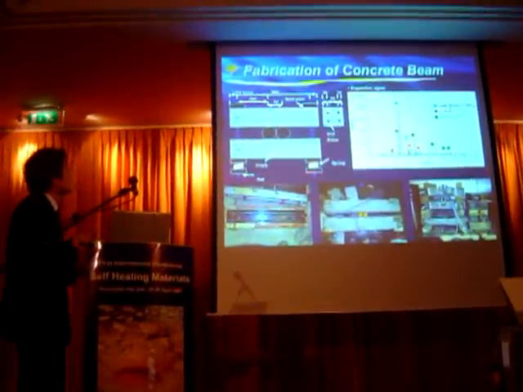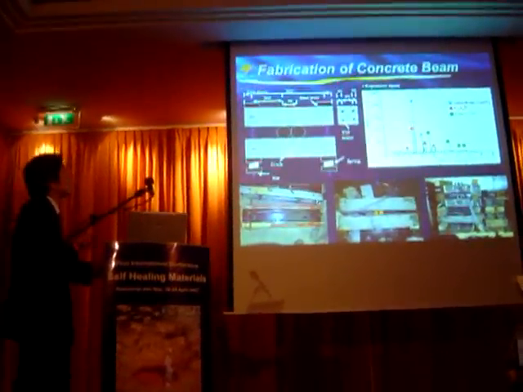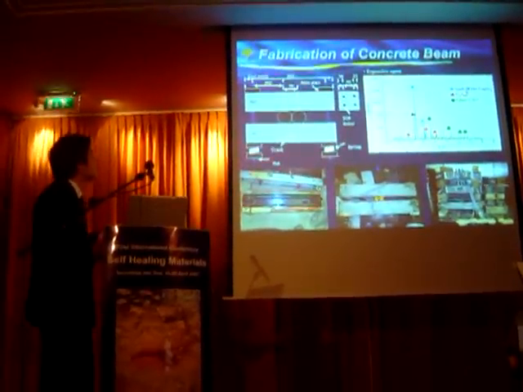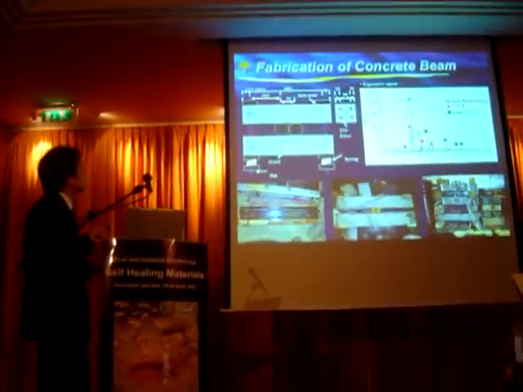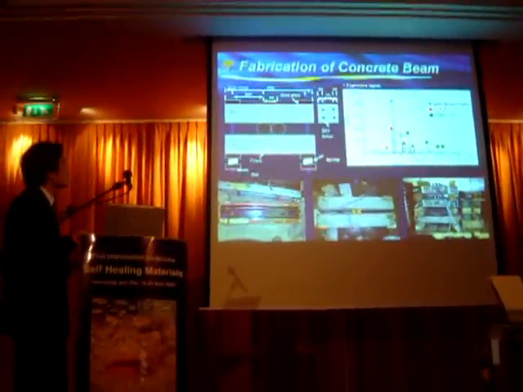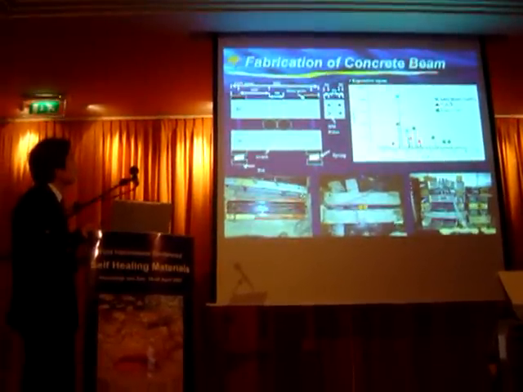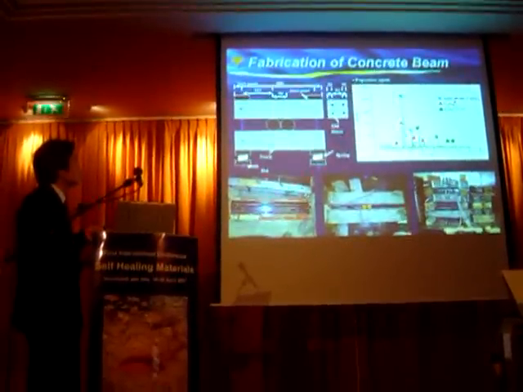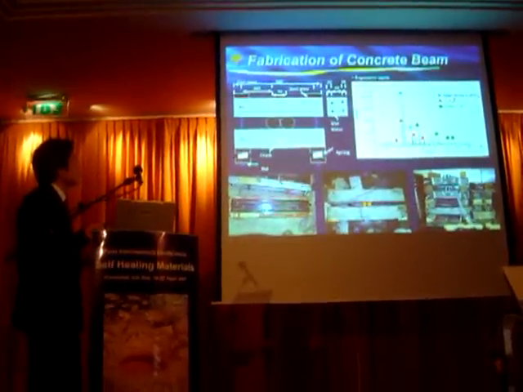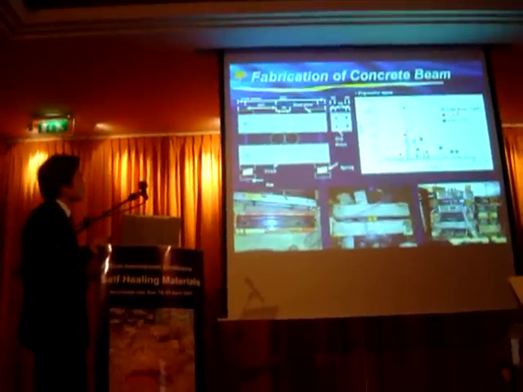The next slide schematically shows the fabrication procedure of the concrete beam in this research, and this is the drawing of the concrete beam. We use 4 D10 rebars in order to give the compression and tension stress that induce the crack.